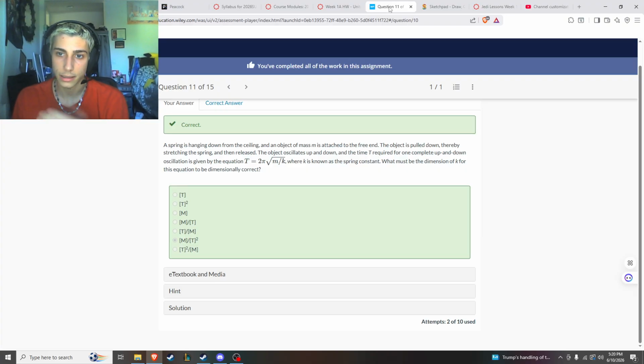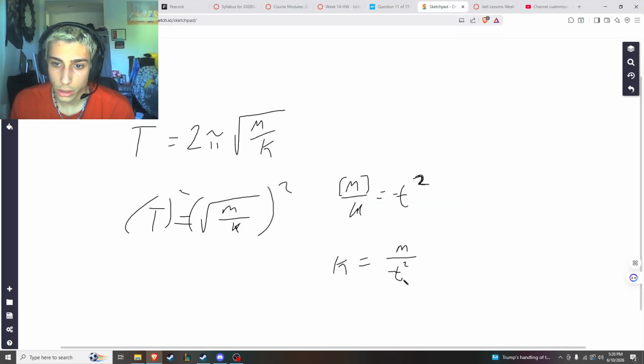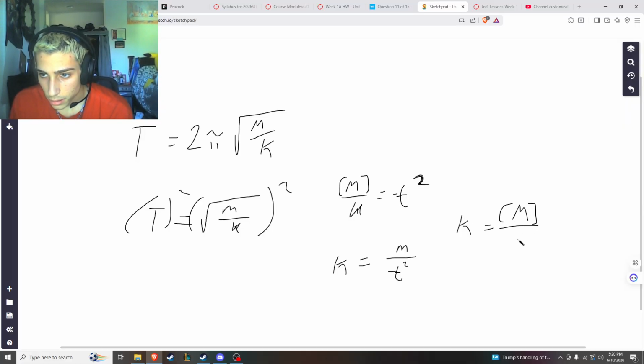And it's asking us what must be the dimension of k for the equation to be dimensionally correct. So if k equals m over t squared, and m is the mass, so [m] over [t] squared.